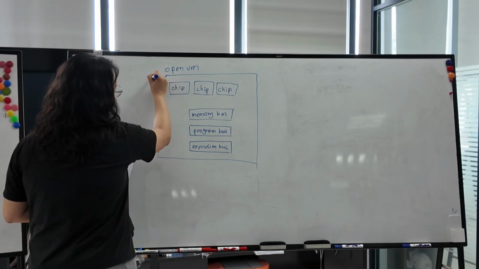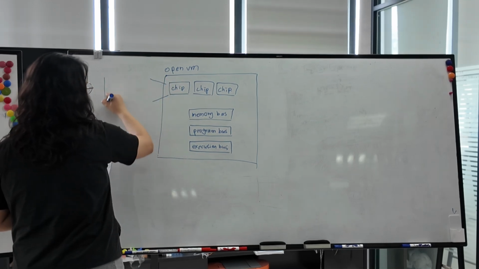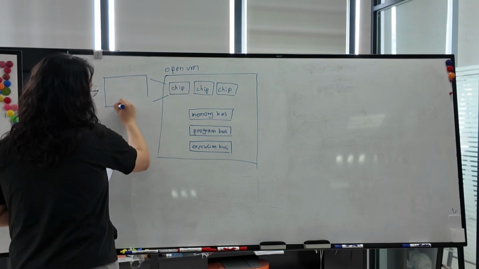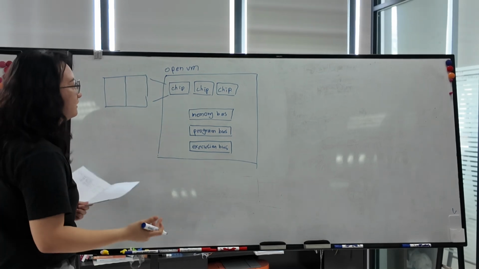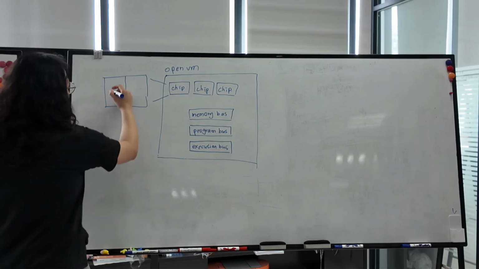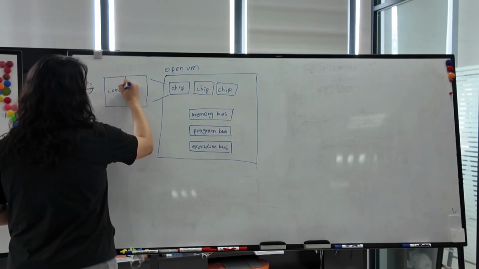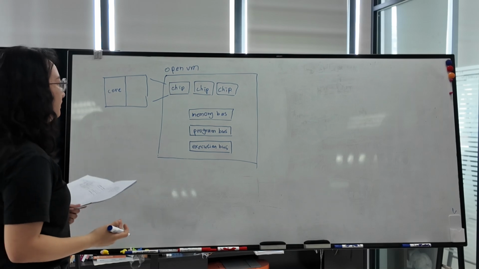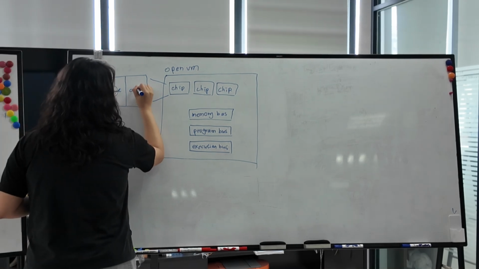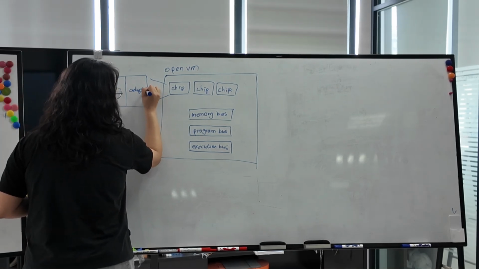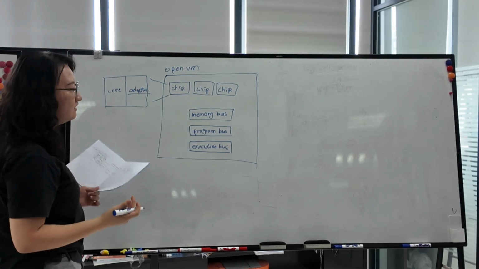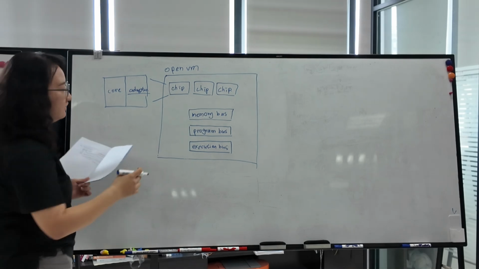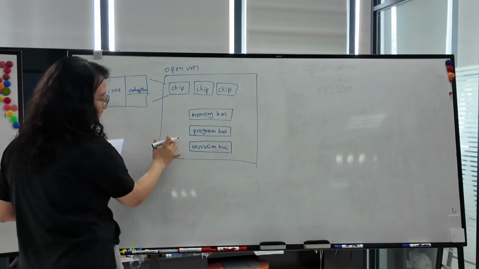So a chip can be implemented in this way. There will be a core implementation of the instruction that this chip is taking care of. So there is a core component here. And then there is another component called adapter. The adapter itself is mostly taking care of the interaction between the chip itself and the message bus.